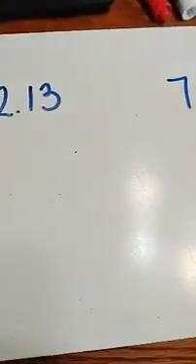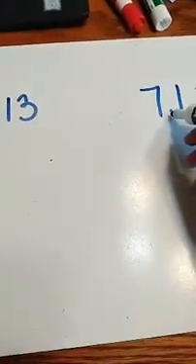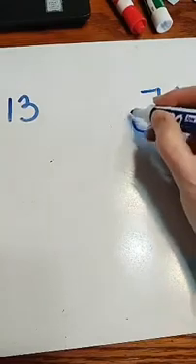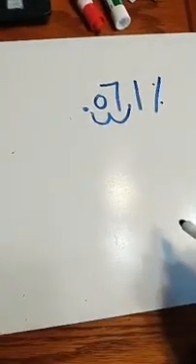Let's say that book is maybe $12.13. Use the sales tax rate of 7.1 that we talked about. And remember, when you're going to find your sales tax, we divide it by 100, right? So when you multiply, you're actually going to use 0.071.